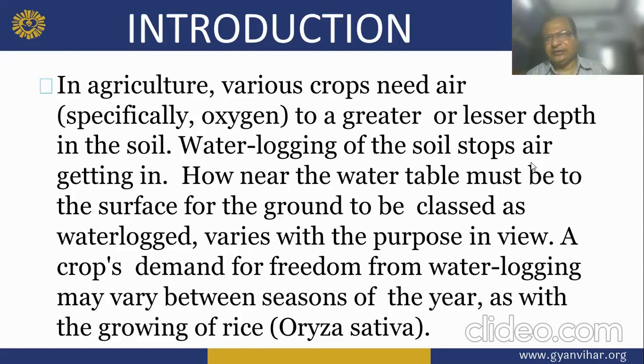However, how near the water must be to the surface for the ground to be classed as waterlogged varies with the purpose in view, and a crop's demand for freedom from waterlogging may vary between regions of the year, as with the growing of rice, Oryza sativa.